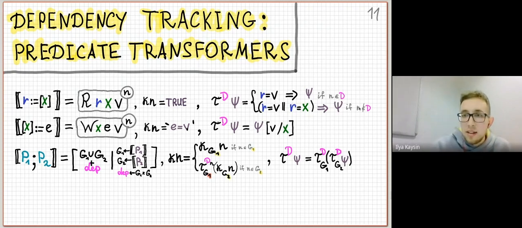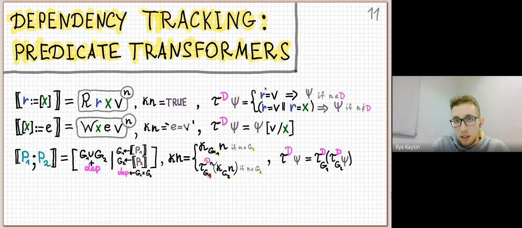But if N doesn't belong to D, then it means that this transformer is applied to a precondition of a write that doesn't depend on this read. So we can reorder these reads and writes, and we shouldn't weaken this psi so much. So this transformer shouldn't be so strong.